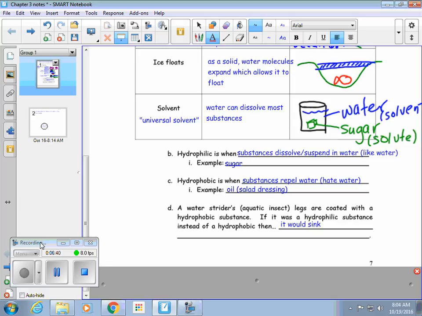That's a non-polar substance, which is one of the reasons why they can walk on the water. There's another reason. We haven't talked about surface tension, but that would be another reason. If their legs were coated with a hydrophilic substance instead, they would all sink, and it wouldn't really work out. We'd have a lot of sinking bugs.